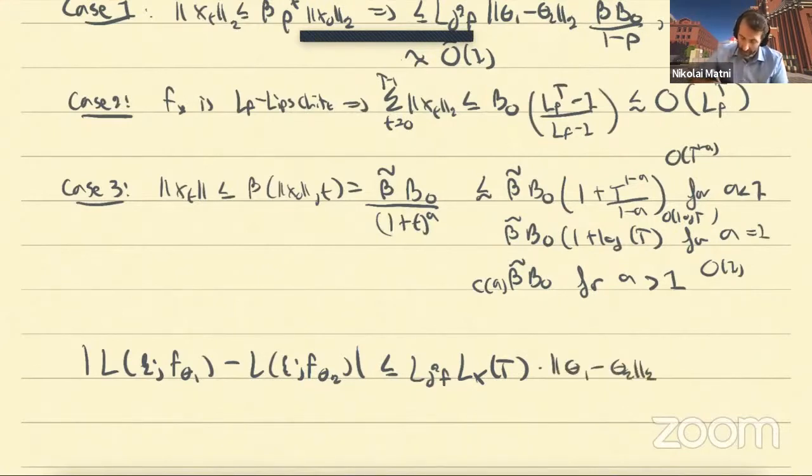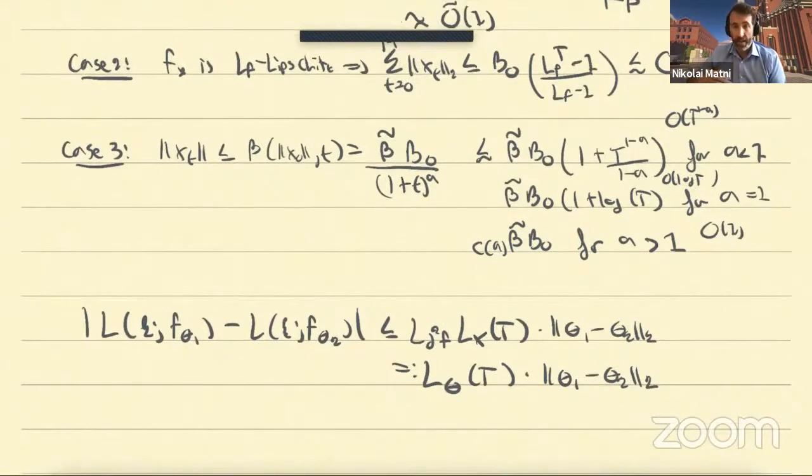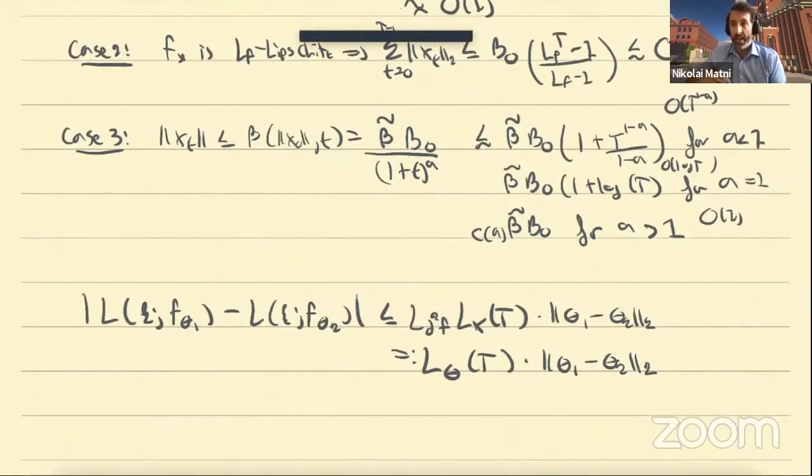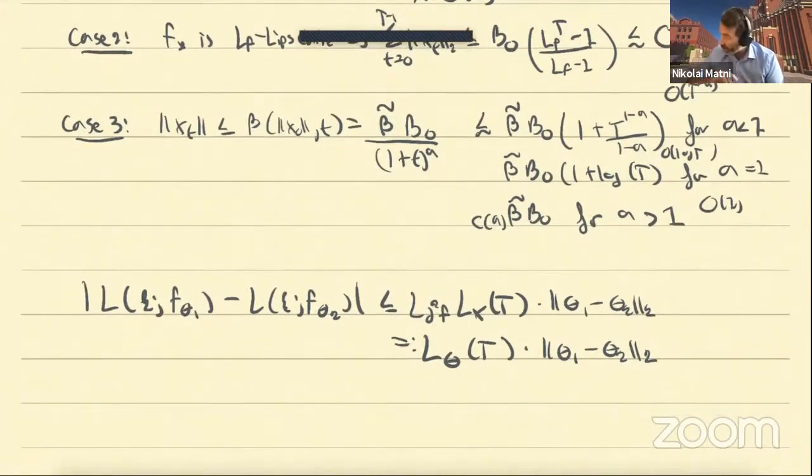To save myself some writing, I'm just going to call this L theta of t. So this Lipschitz bound scales with the task horizon in the same way as we previously saw when we put different assumptions on the underlying stability.